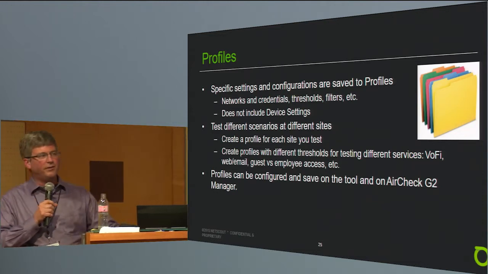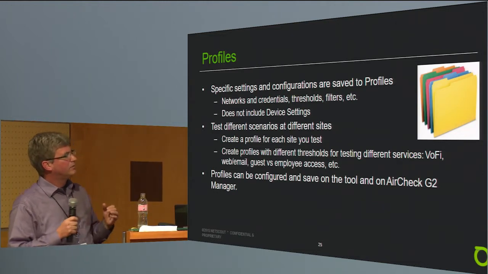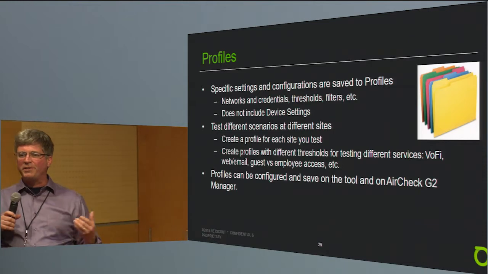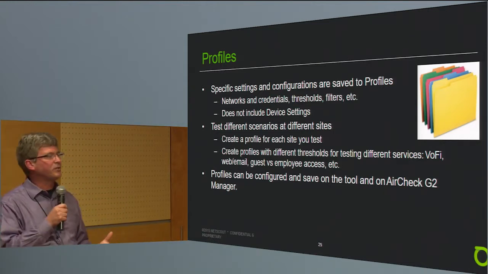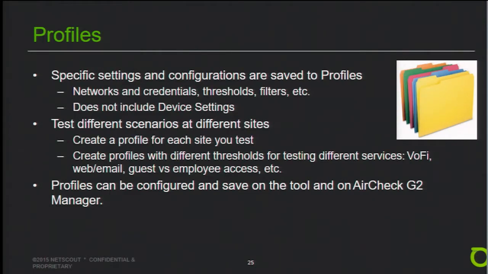One final thing here is on profiles. AirCheck does run on specific profiles. These are useful for setting up different configuration parameters and different thresholds. One common use case is when you have different sites to test. The sites may have different networks or different thresholds, or you may want different thresholds for different services, voice in one area, data in another.